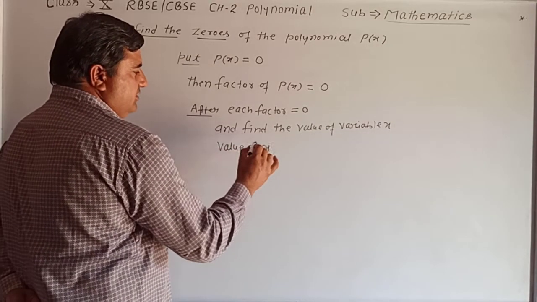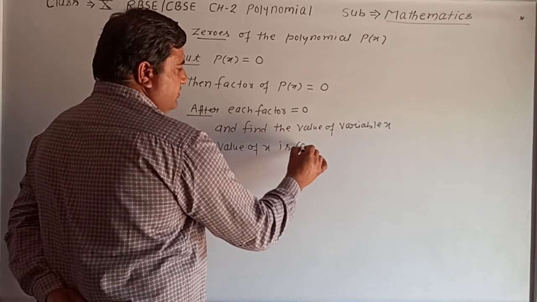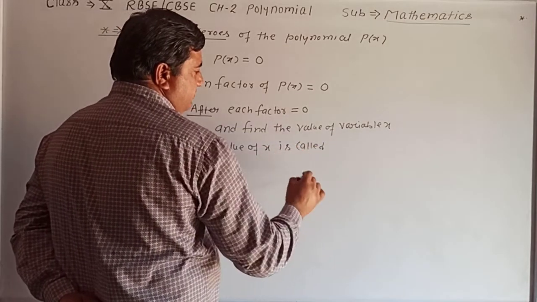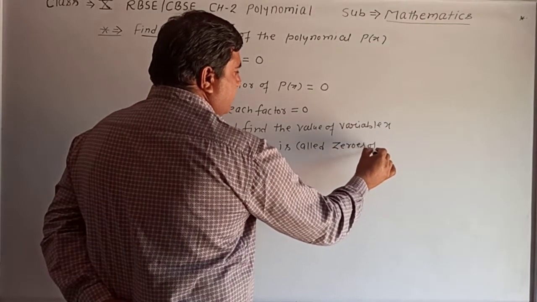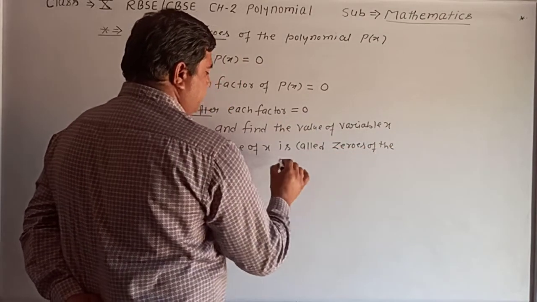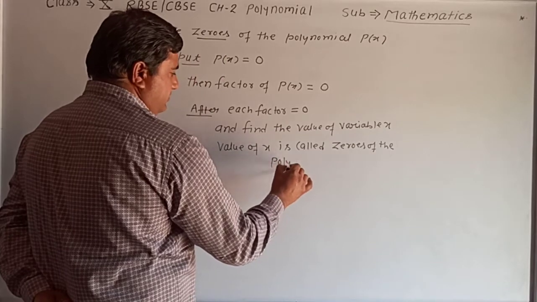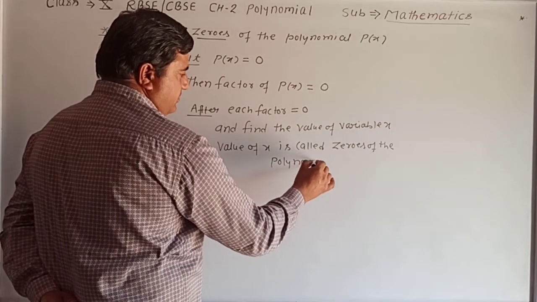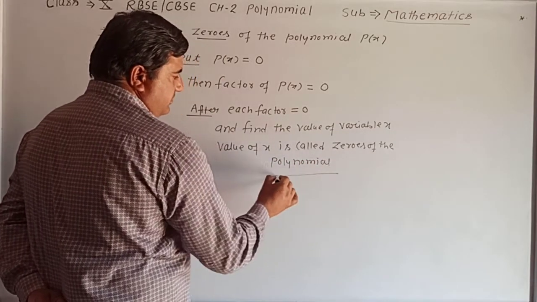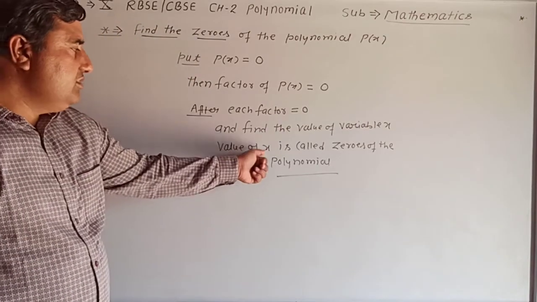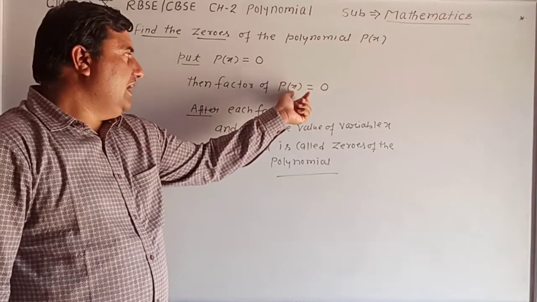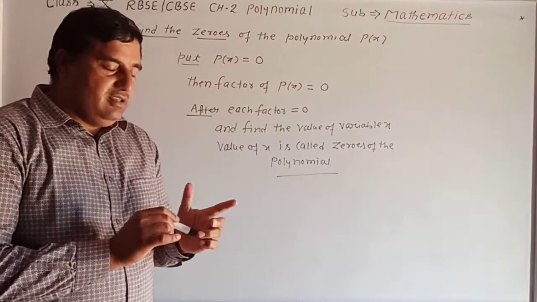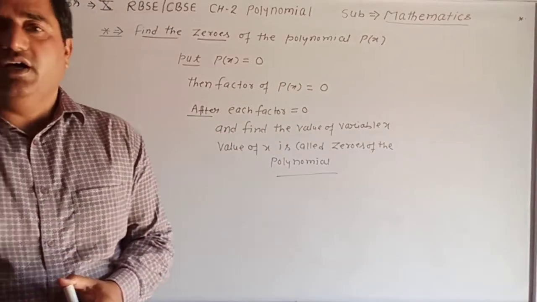The value of x is called the zero of the polynomial. These values of x satisfy this equation, so the values of x are called zeros of the polynomial.